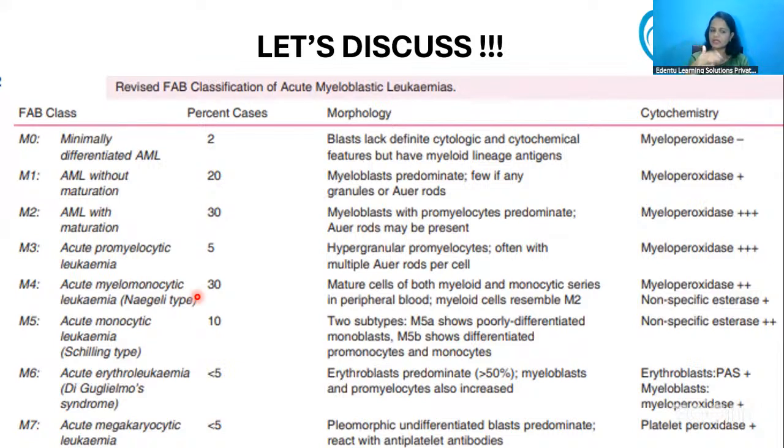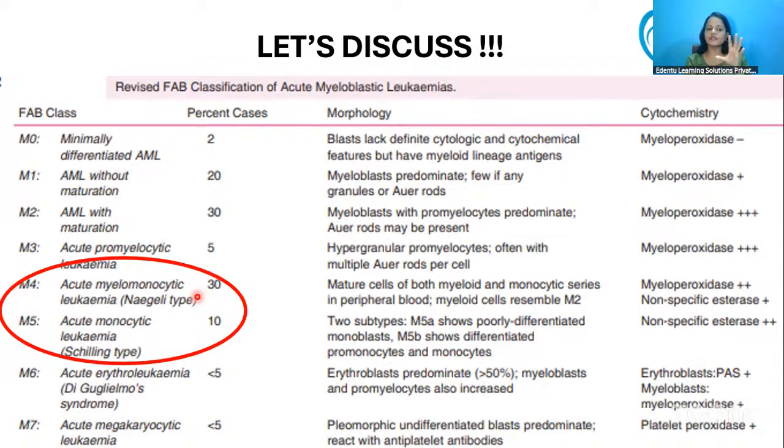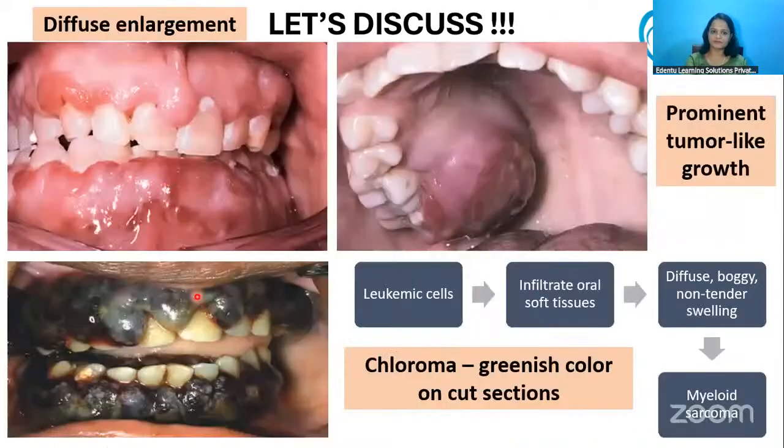M0 is the minimally differentiated type of AML, whereas M7 is the megakaryoblastic type. Out of all these types, remember M4, the myelomonocytic type, and M5, the monocytic type. Only these two types show gum hypertrophy.